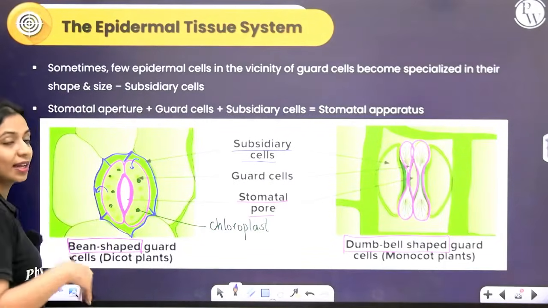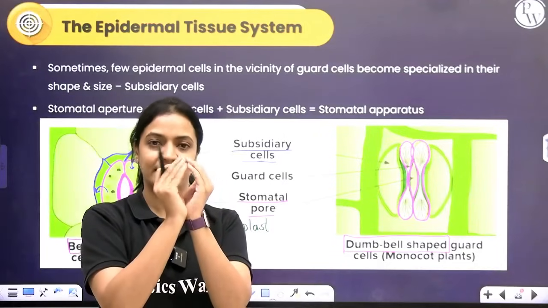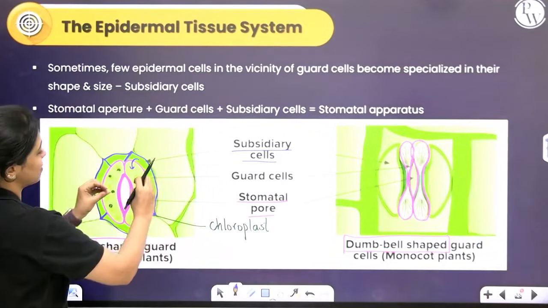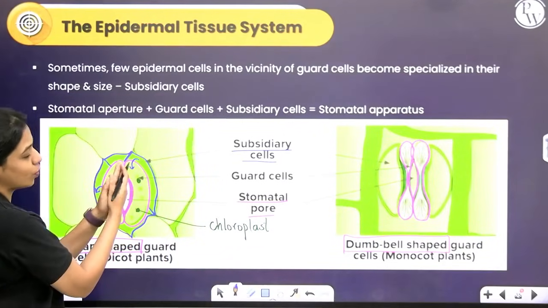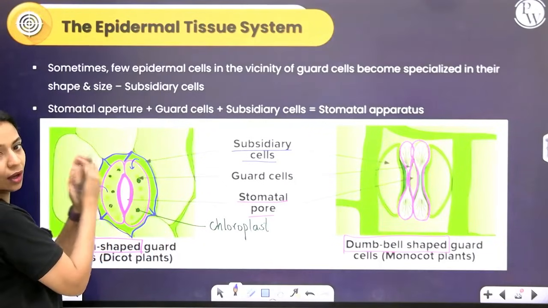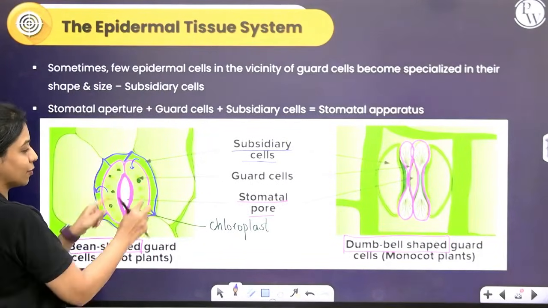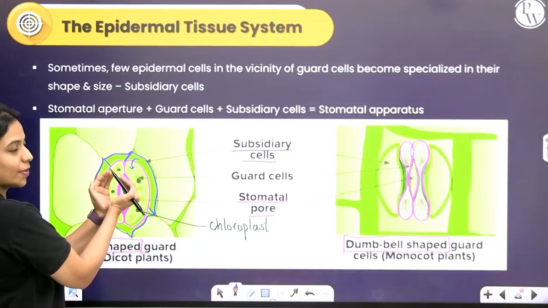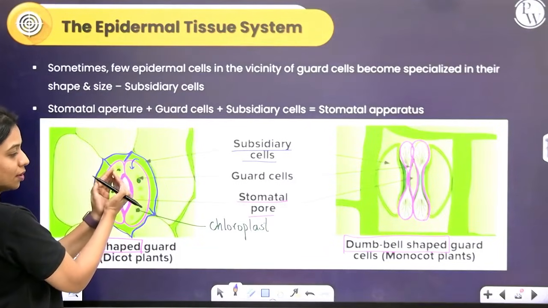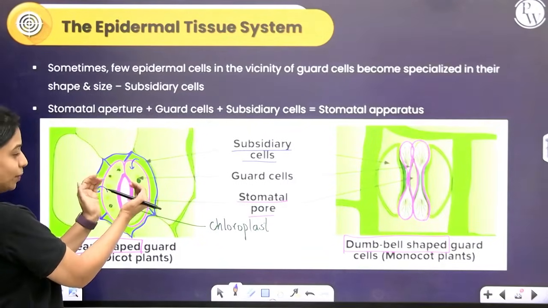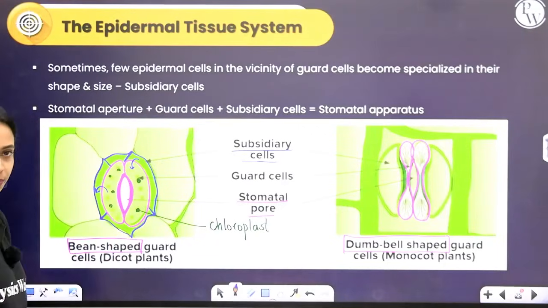When this guard cell loses water, it becomes flaccid, and when it becomes flaccid, this pore will close shut. So when the guard cell is turgid, it will be open because it is like a filled balloon. Imagine what happens if the balloon loses water, it will close shut. This cell will become flaccid and it will close shut.